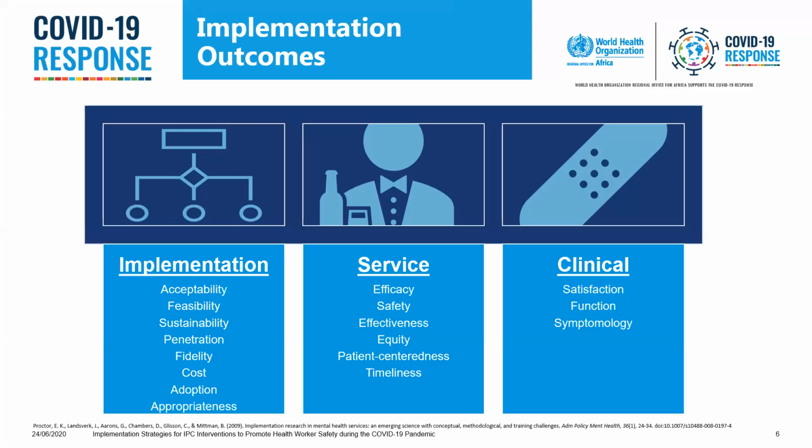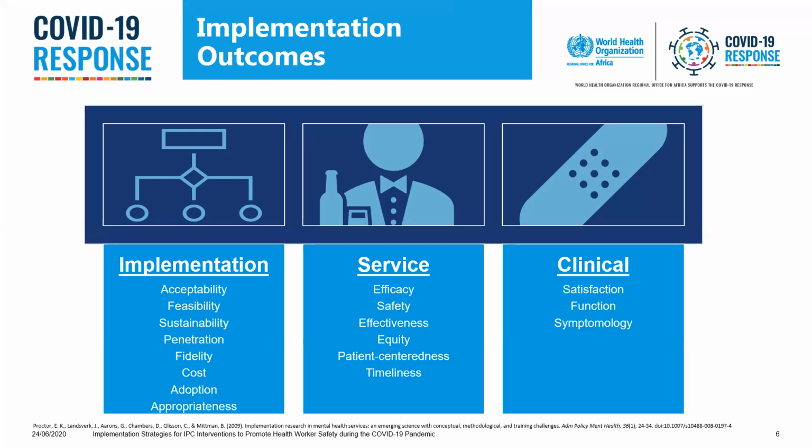Okay, we have specific implementation outcomes we are interested in when we are implementing strategies during an epidemic or in clinical practice. Can we feasibly implement hand hygiene? Is it acceptable to health workers the way we implement hand hygiene?